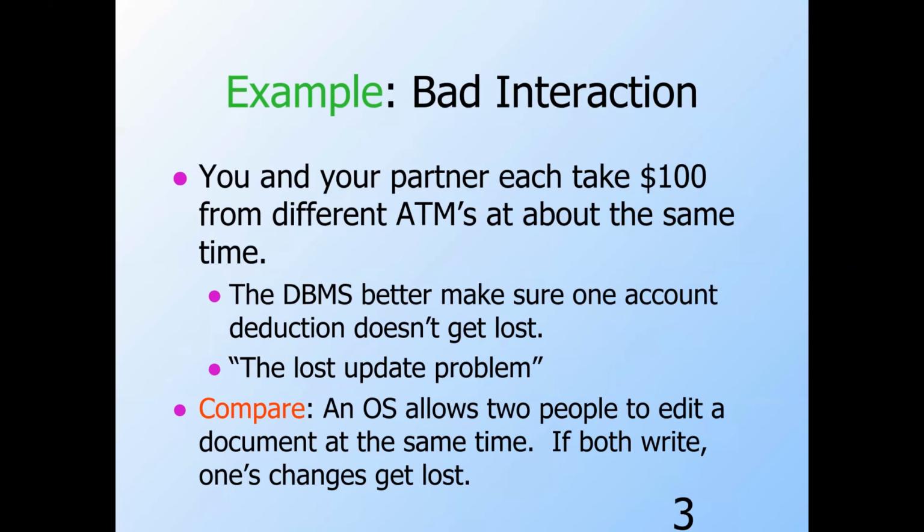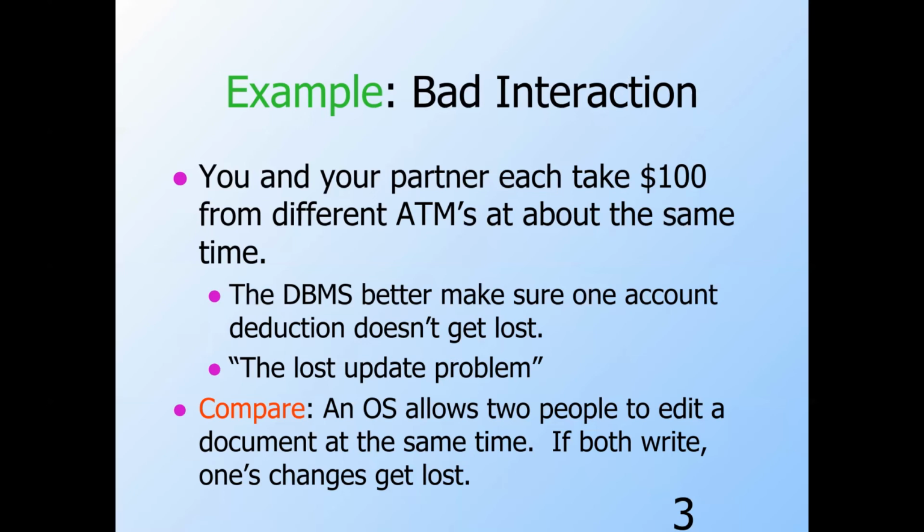I'm one transaction, and my partner is another transaction. The first thing I do is check whether there is more than $100 in the account. Let's say there are $300. I read it and see there's $300. Good. Now I'll take out 100 and update the balance back to 200.